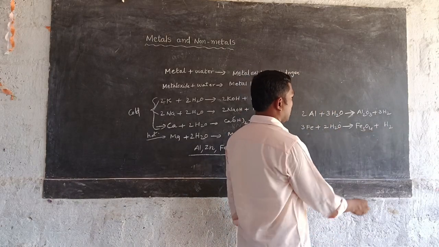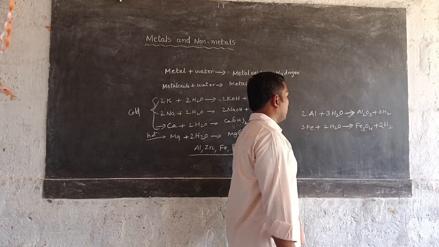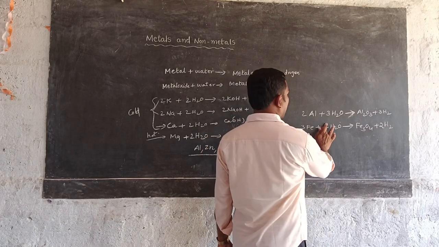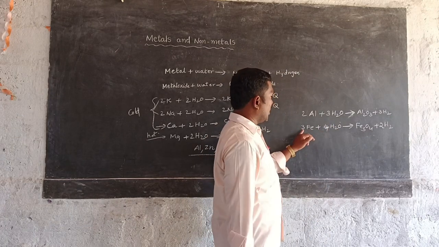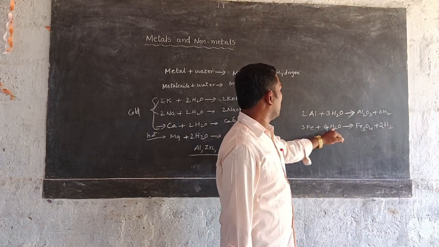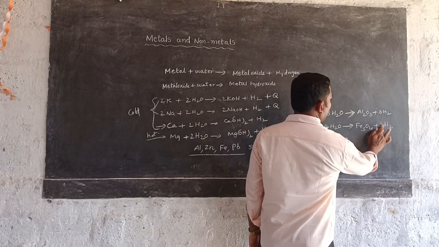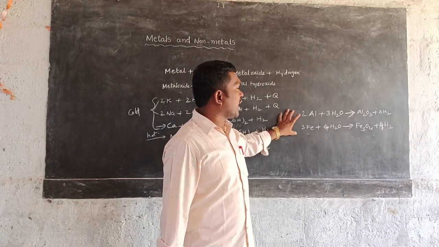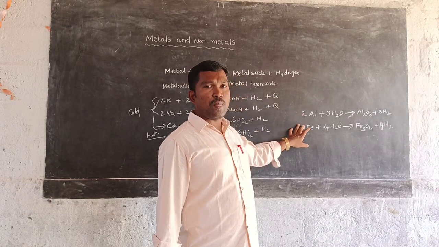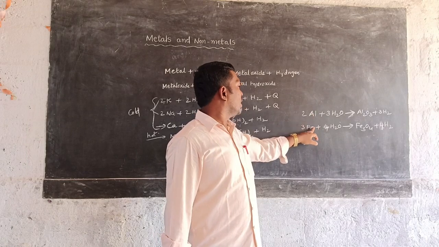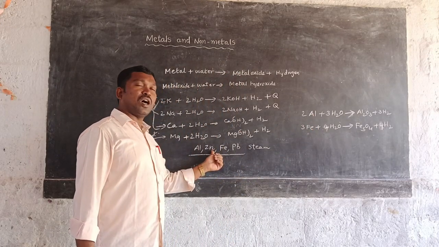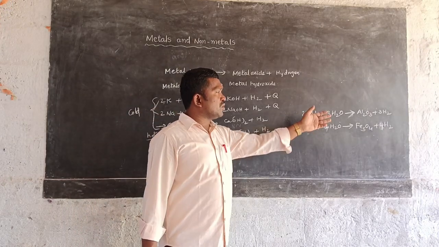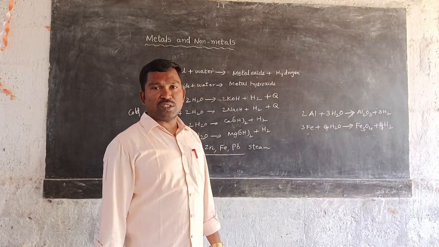Here we take 4H2O: 3Fe plus 4H2O gives Fe3O4 plus 4H2. So these metals do not react with cold and hot water, but react with steam: aluminum, iron, lead and zinc also. Aluminum, zinc, iron and lead react with steam and produce oxides and hydrogen gas.